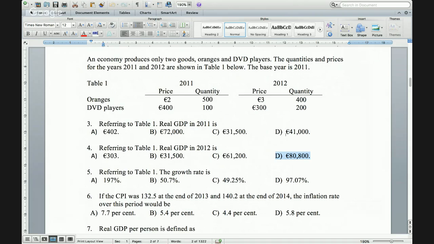We need the answers from part 3 and 4 in order to answer this correctly. So question 5 is dependent on what you got in the previous 2. So the change here is going from 41,000 to 80,800. And we need to calculate that change. So it's your new figure minus your old figure divided by your old figure.